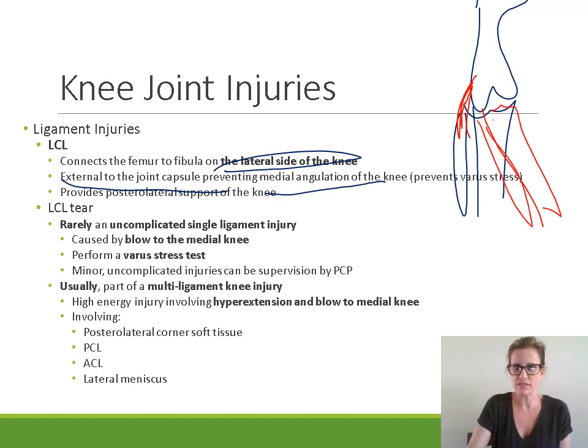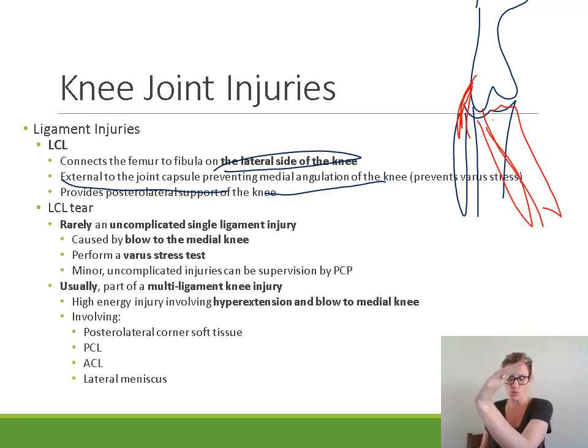So it prevents the leg from varus stress, inward angulation of the distal part. The lateral collateral ligament is part of the posterolateral structures of the knee, and this provides most of, or a lot of, posterolateral support of the knee.